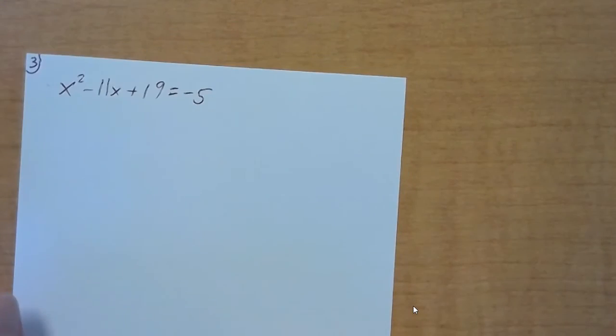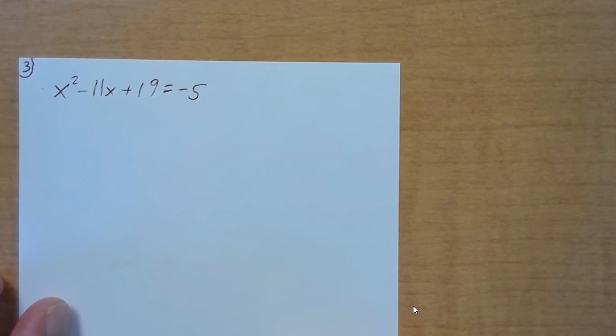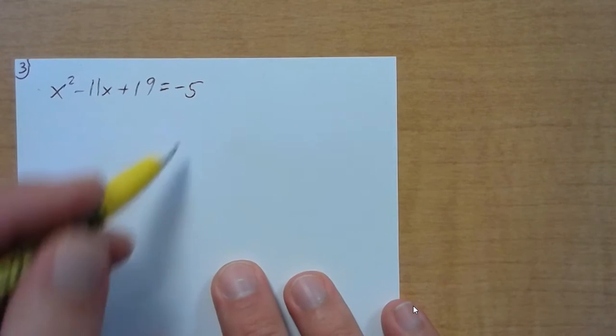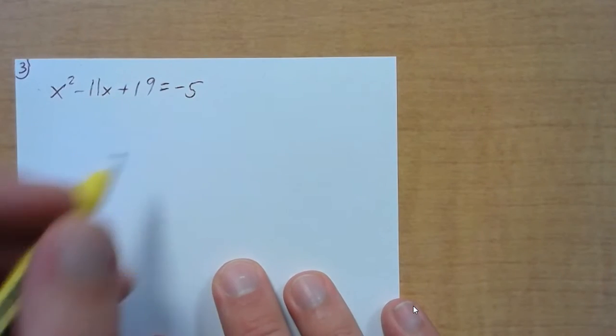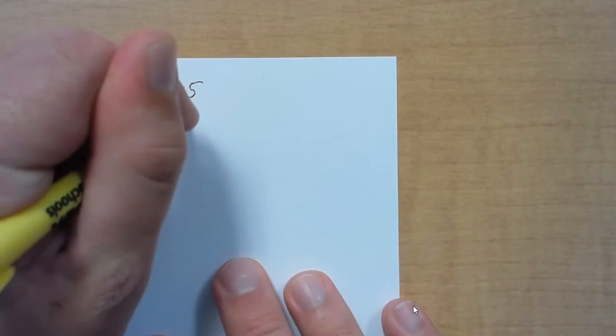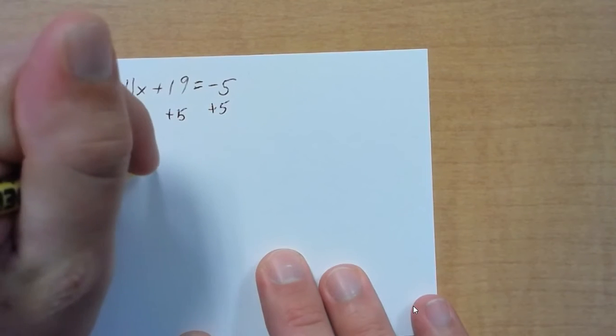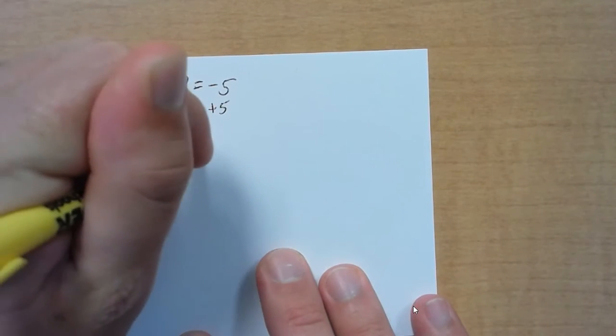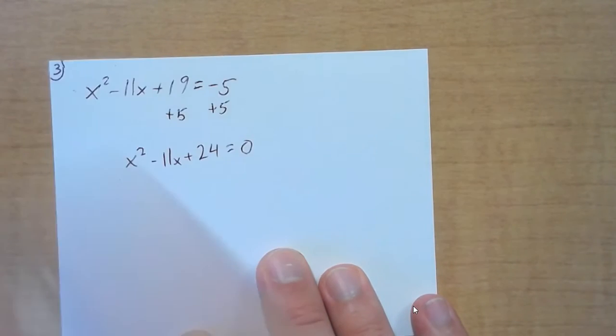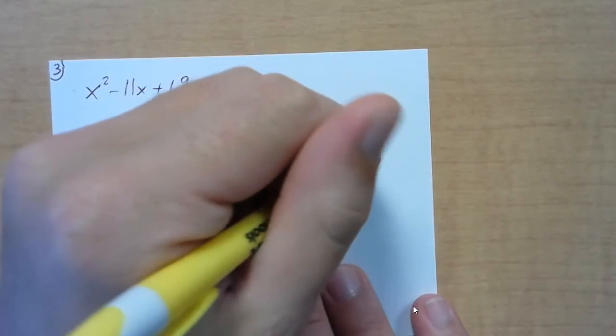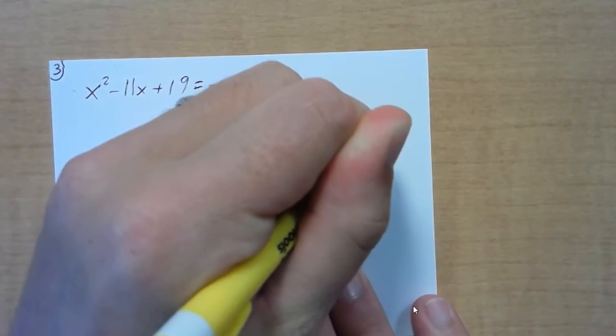Now let's look at another example on the back. Here it is not quite equal to 0, so we need to get rid of this -5 by moving it to the left-hand side. We're going to add 5 to each side. That gives us x squared minus 11x plus 24 equals 0. Now I'm going to set up my box for factoring.